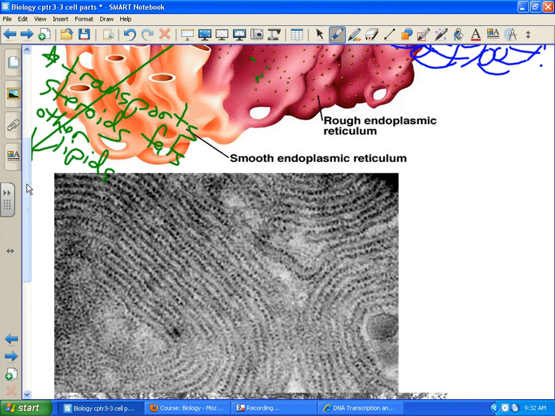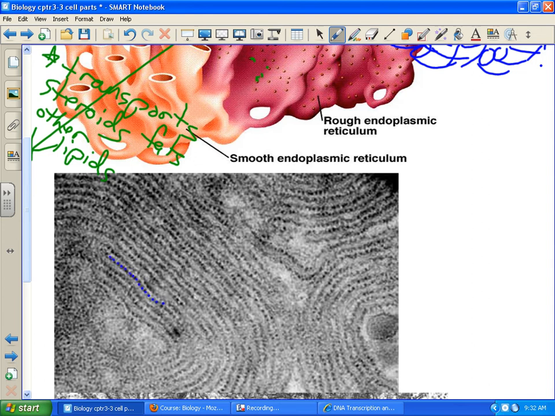If you had to take a guess, smooth or rough, what are your clues? The nucleus. Well, I don't see the nucleus actually in this picture. Oh, I thought the dots. The dots. What are the dots? The ribosomes. Look at all the dots.